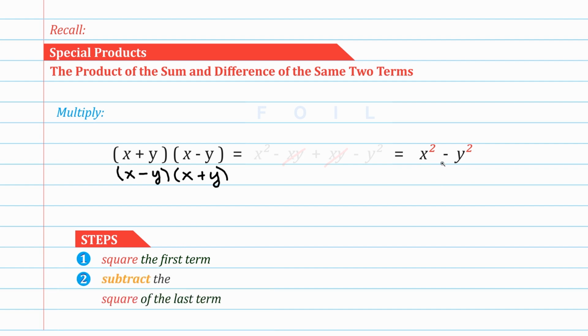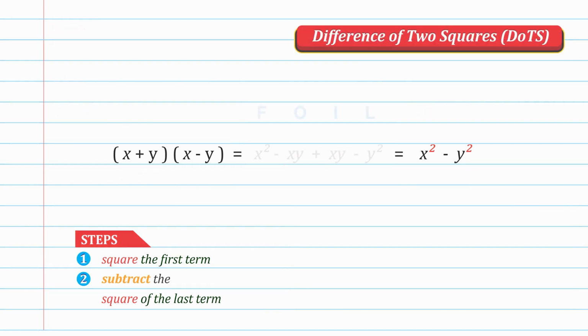So, you subtract, that's subtraction, hence minus, and then square the last term. What is the last term? Y. Y squared. That's it. So the answer is x squared minus y squared, which is actually related to our lesson today because this binomial is called the difference of two squares.